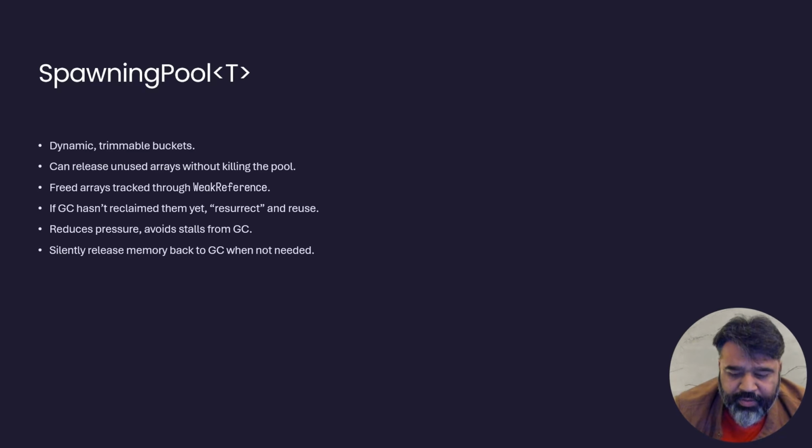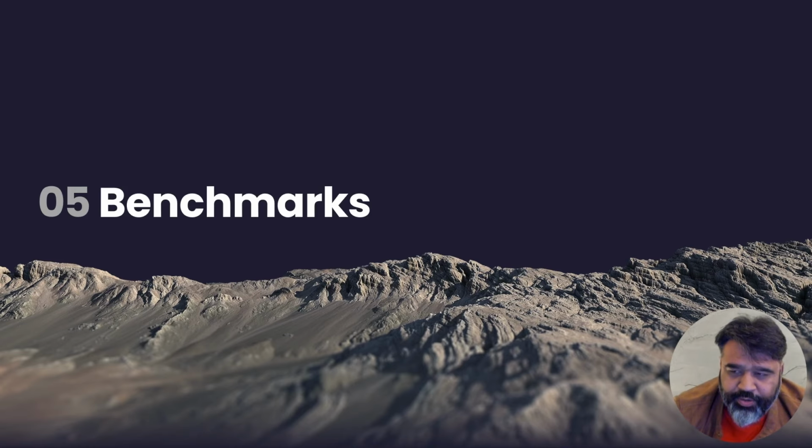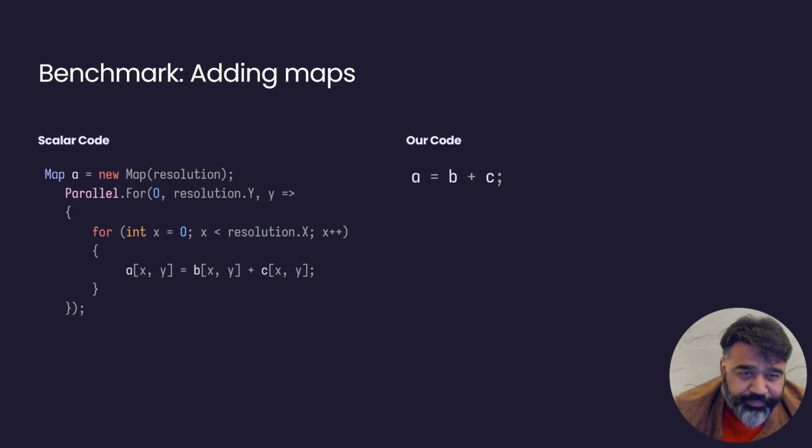Now, let's see how all of this works in the real world. I'll show you a couple of benchmarks. The first one is simply adding maps. On the left we have a traditional piece of code where we're just doing a loop to add two maps and store the result in a third one.